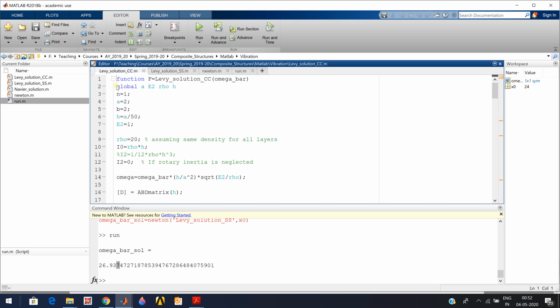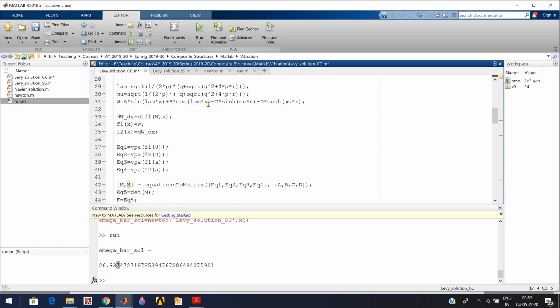Alright, now let me see this Levy solution CC, which is the clamped one, and I think this global code may not be needed, so I don't need global here. The difference is here: instead of d²W/dx², we have to just make dW/dx.